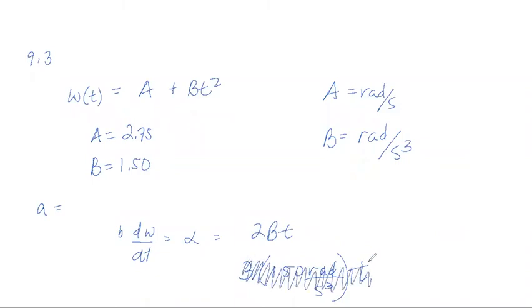That's going to be 2bt, so it's going to be 3.00 per second cubed times, this is 5 seconds, not 2.